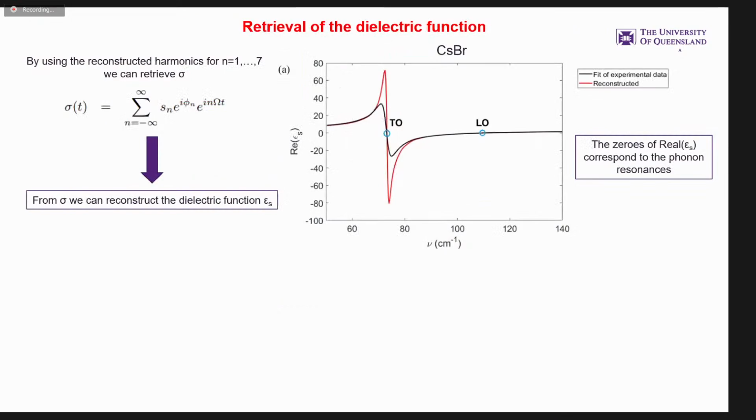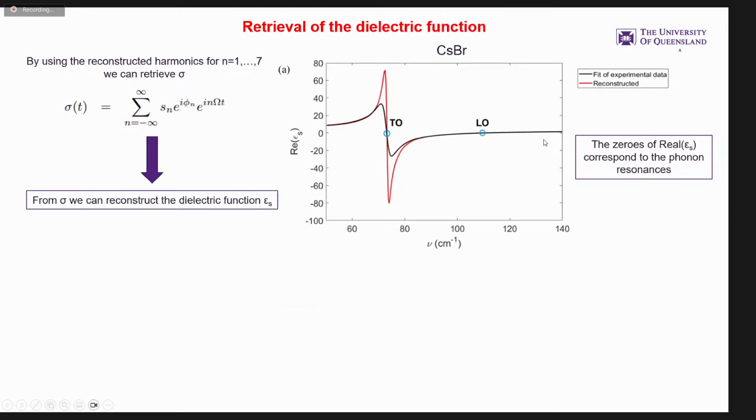And then from the harmonics, we can reconstruct the dielectric permittivity. And in particular, here I show the real part of the dielectric permittivity of cesium bromide. The black curve is a fit of experimental data extracted from a textbook. And the red curve is the reconstruction performed with our method.